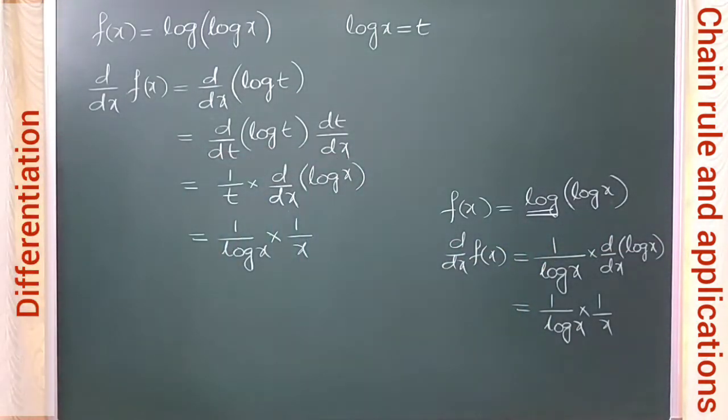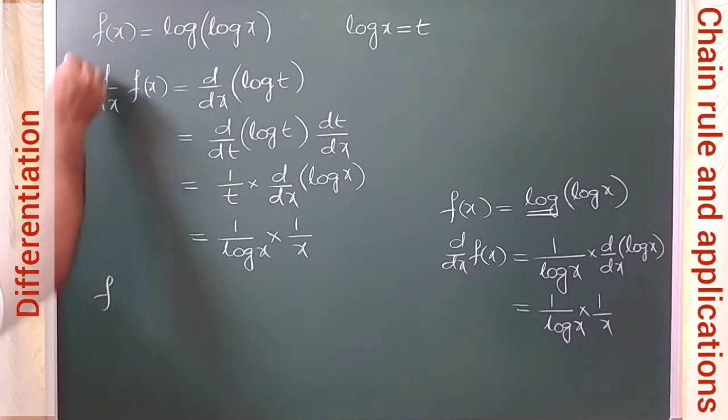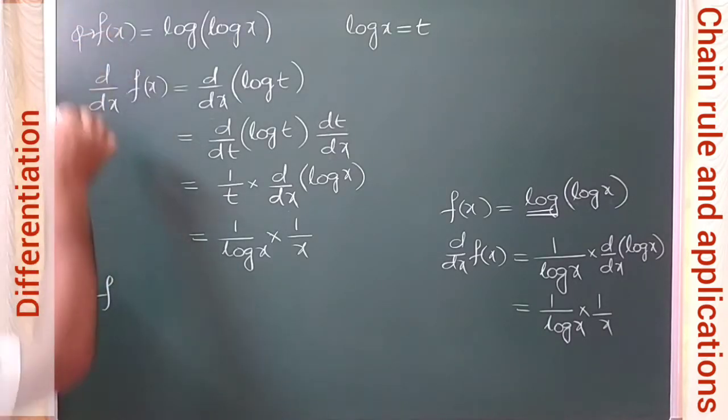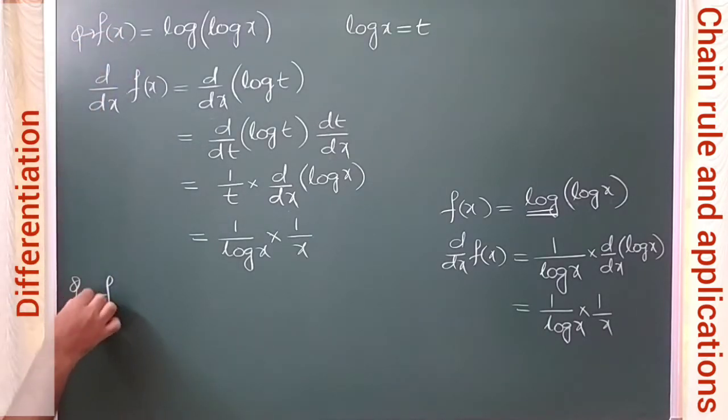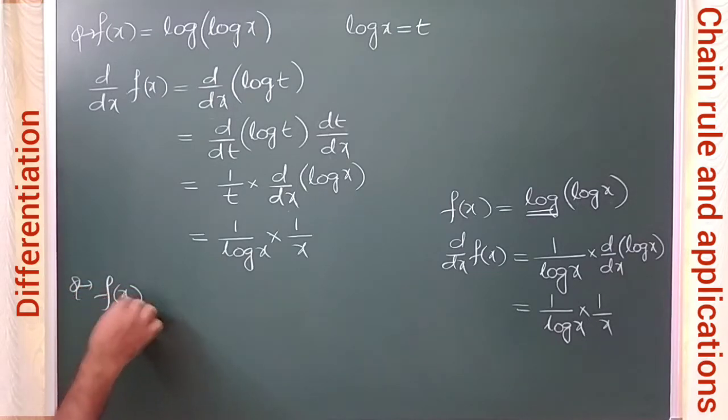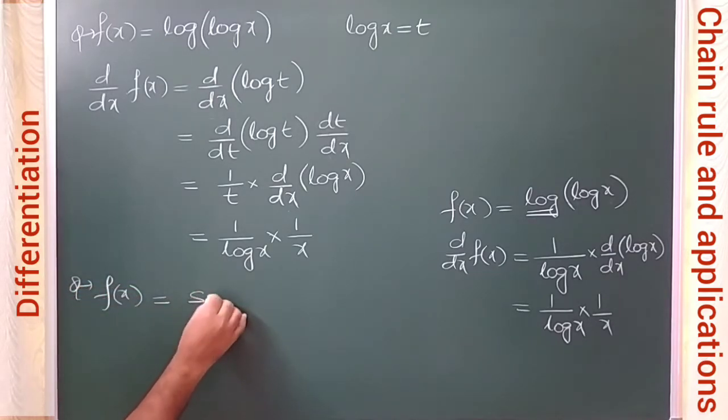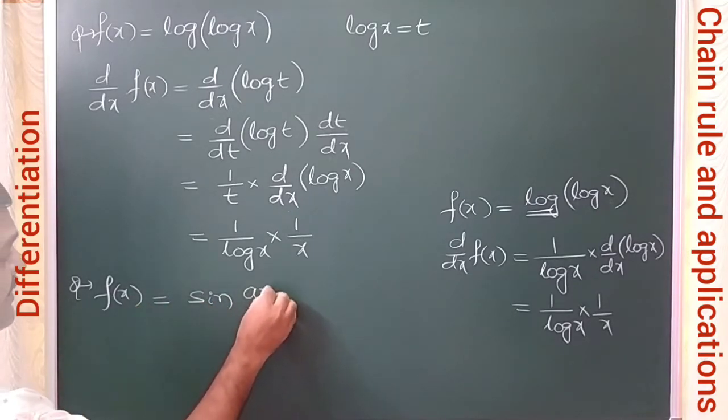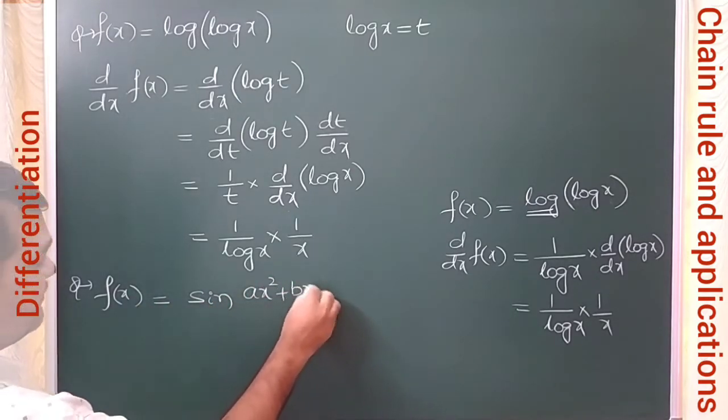Okay. So let us take one more example. Different examples you can take now. So I am taking one more example. For example, let me take f of x as sine of ax square plus bx plus c.